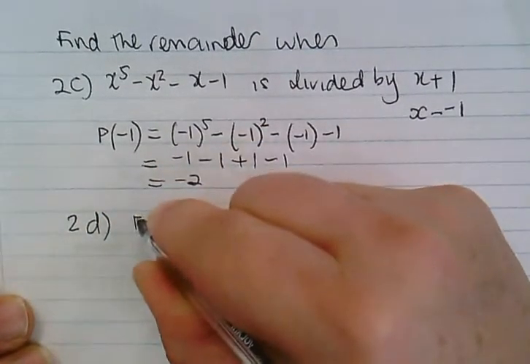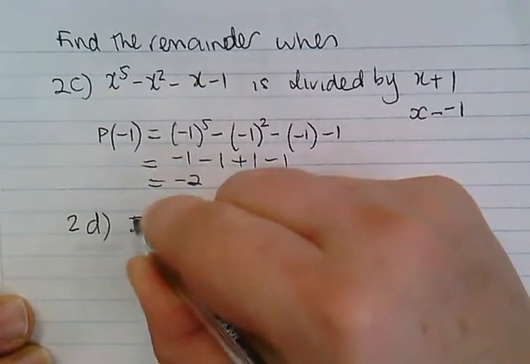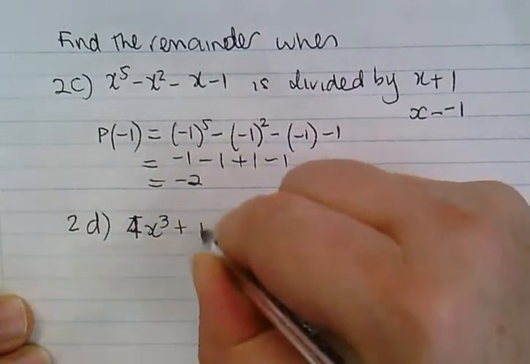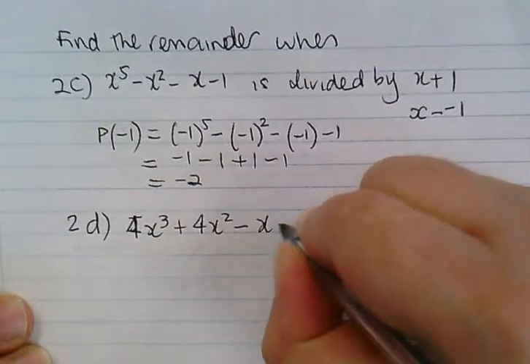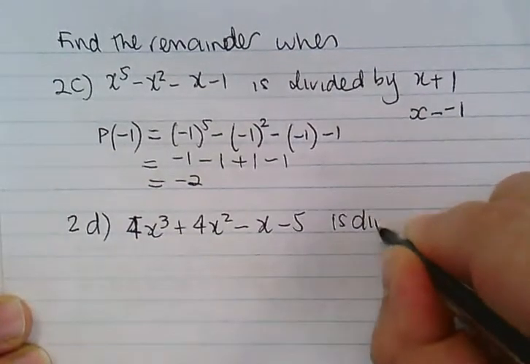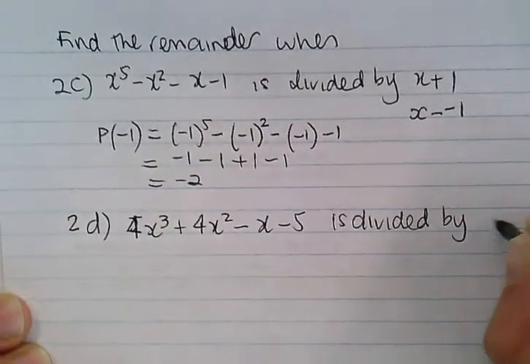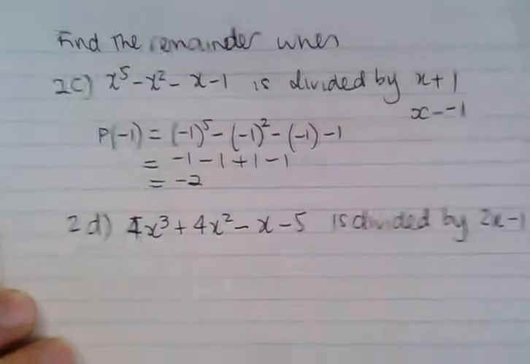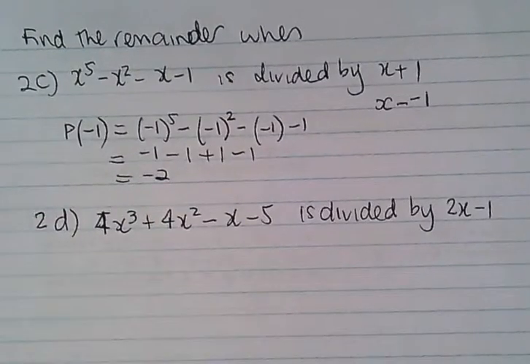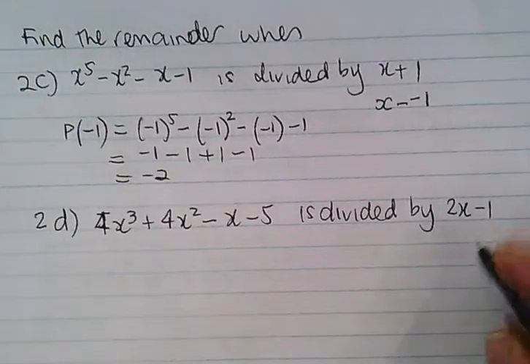2D, find the remainder when 4x cubed plus 4x squared minus x minus 5 is divided by 2x minus 1. Now this does not look like it's in the form x minus a. So what do you think we should do here?